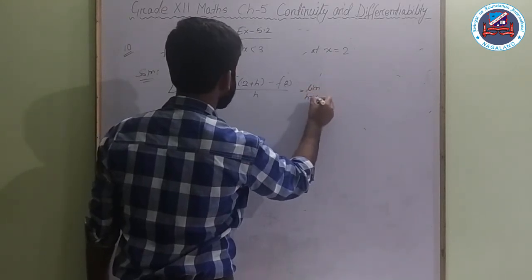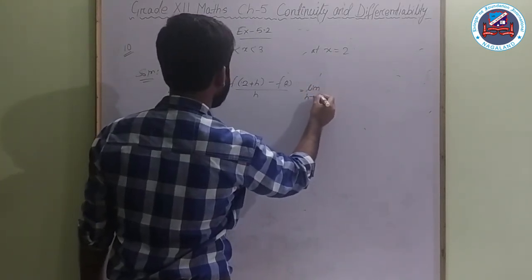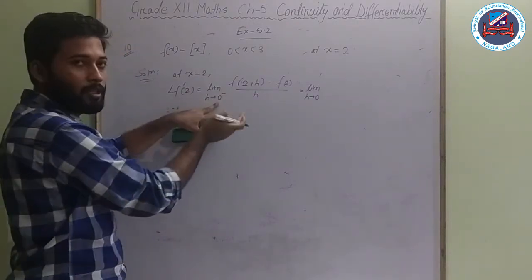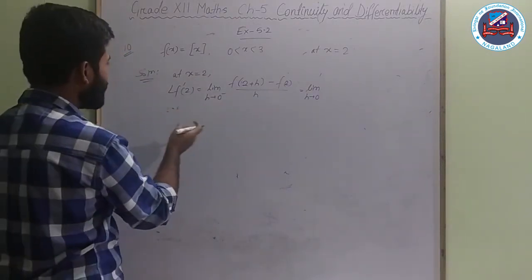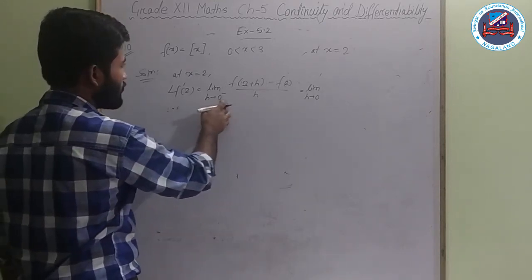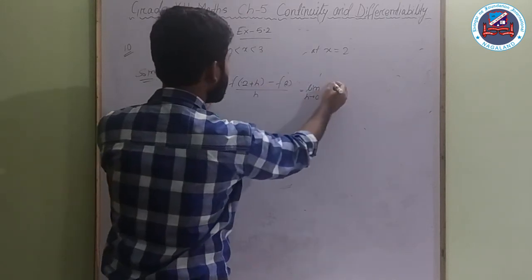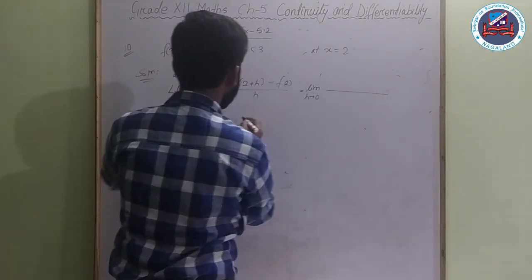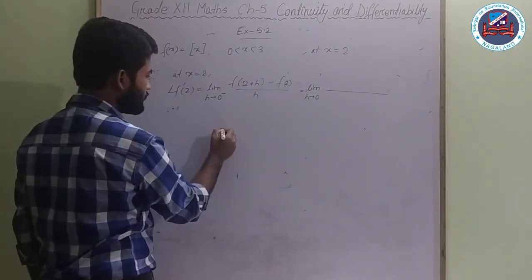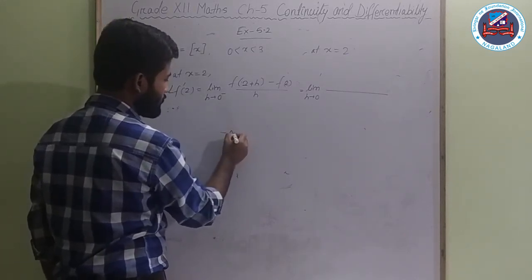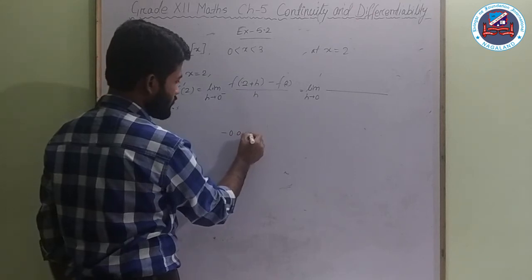limit h tends to 0. Now you see, here I am considering the number 0 negative, that means it will be less than 0, isn't it? So since h is less than 0, that means h will be something like minus 0.0001.